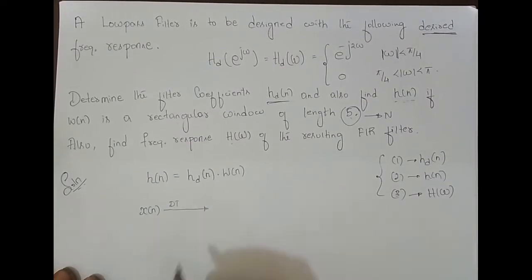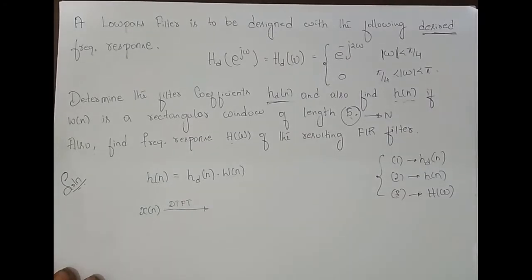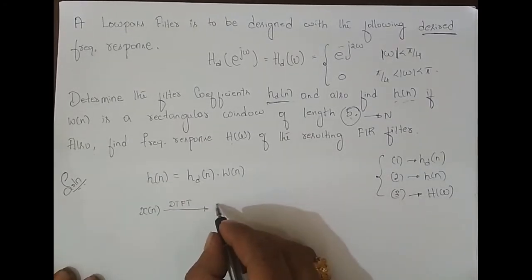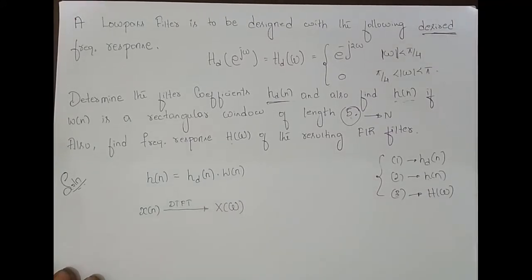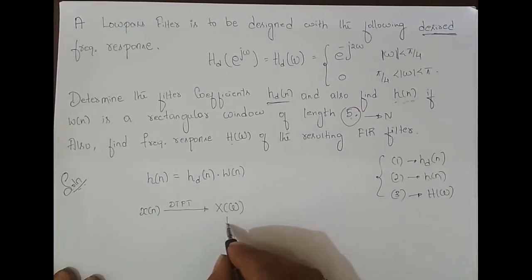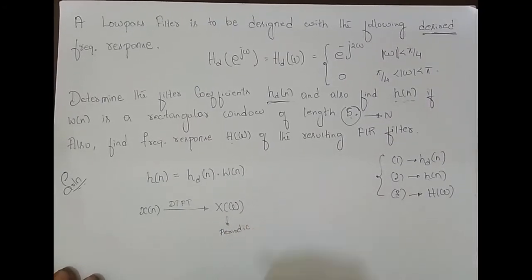Because the signal is discrete time. Why Fourier transform? Because it's a non-periodic signal, so I have to take the DTFT. So what do I end up with? I end up with capital X of omega, and this is periodic.